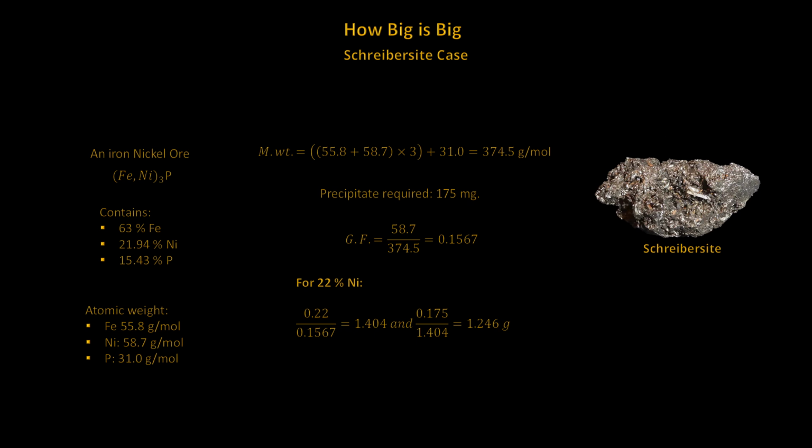Dividing the 0.175 grams by the 1.404, the result is 1.246, or a 1.246 gram sample. The answer in this case would be approximately 2, but not greater than, a 1.246 gram sample of schreibersite.